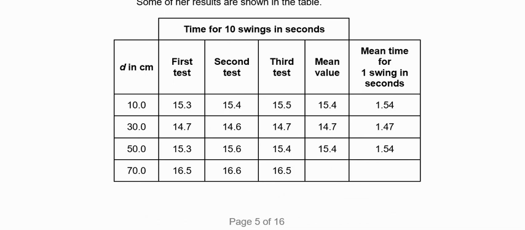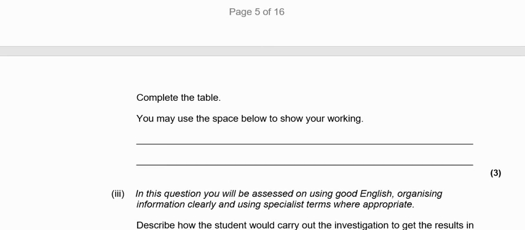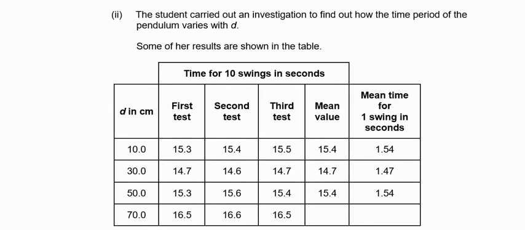This next part is just about data manipulation. So you're being asked to complete the table. As it says there, you may use the space below to show your working. It doesn't mean that you have to. We need to calculate the mean value for 10 swings at 70 centimeters.